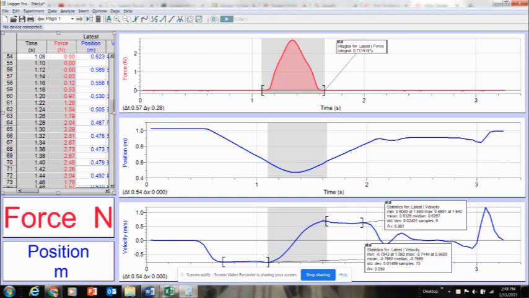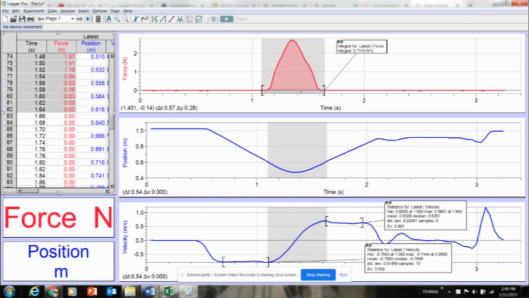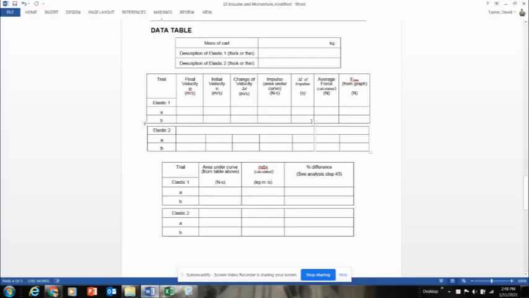So that's 1.14 seconds. So I'll write that down, and then I'll go to the other end of my graph and find out where it returns to 0, and that's here at 1.62 seconds. So I would take the difference of those numbers, 1.62 minus 1.14, and enter that value in my column here for delta t.